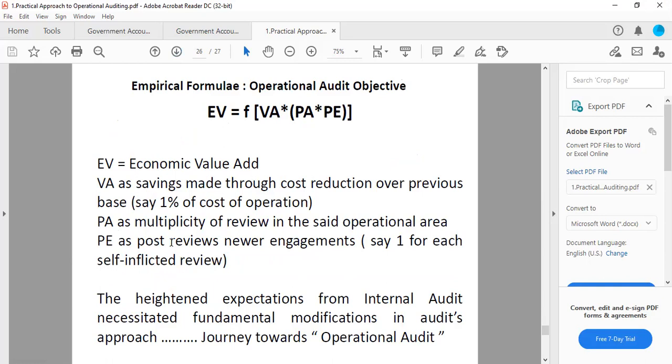So we will have to check into what has been done in the operational area in the review, and PE is the post-review newer engagements. And then the product would be the empirical formula for the EV or EVA, economic value added. The heightened expectations from internal audit necessitated fundamental modifications in audit's approach.